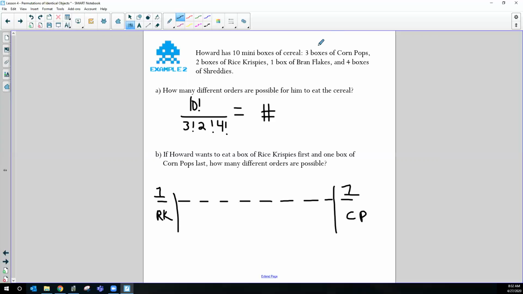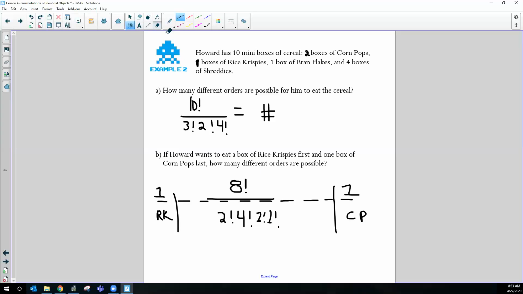So when that happens, we're going to have 2 corn pops left, and 1 Rice Krispie left. So really, we now have 8 factorial left in the middle, but we still have some repeating. We have 2 corn pops, we have 4 Shreddies, but now there's only 1 Rice Krispie and 1 Bran Flakes. So we don't need to put 1 factorial, 1 factorial.